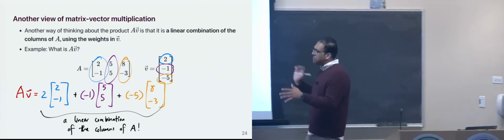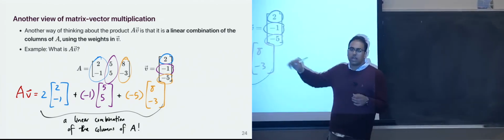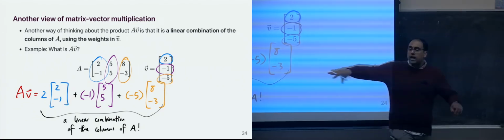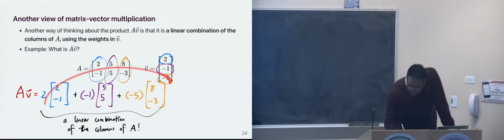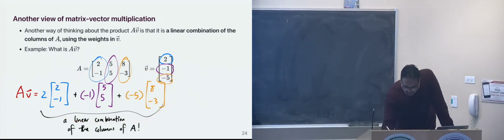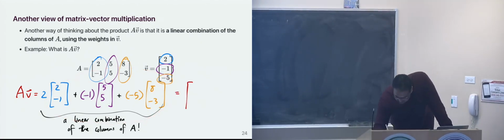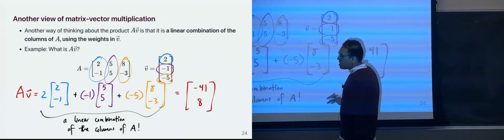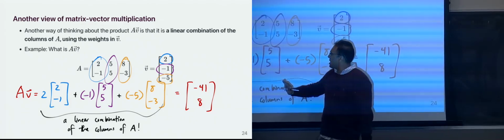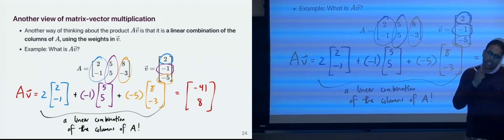We're going to think about matrix vector multiplication a lot in this way. Now, this is not anything different than we saw in the previous slide. Evaluating this expression still gives you the same two-dimensional vector, negative 41 and 8. It's just another way of thinking about where the negative 41 and 8 come from. This vector comes from taking a linear combination of the columns.